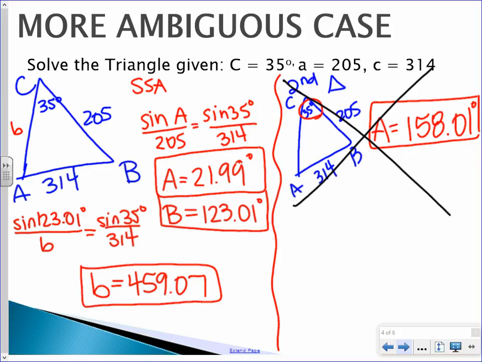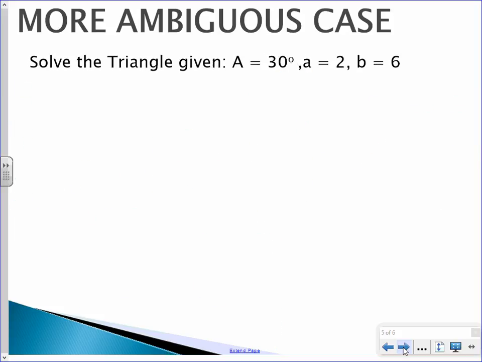All right, you guys are all itching to know, how do we figure out if we don't have a solution? Write down this given information.